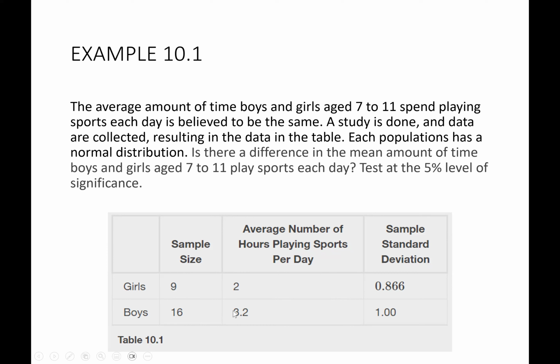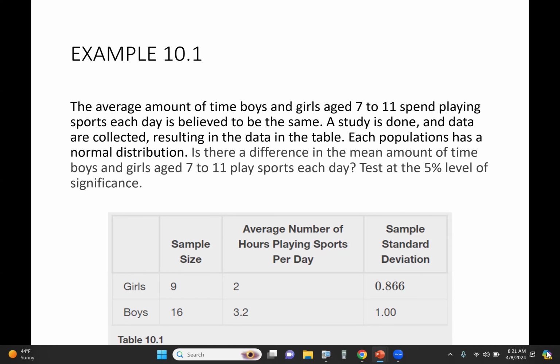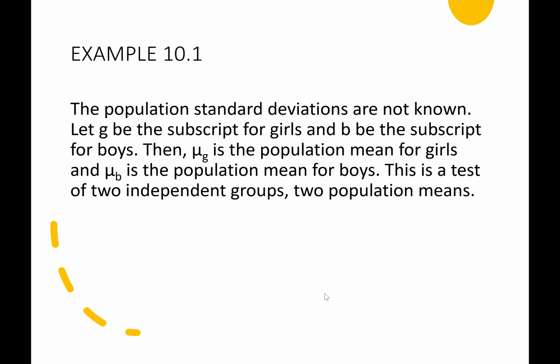They're playing sport 3.2 hours per day with a standard deviation of 1. Is there a difference in these two samples? So we're not looking as one higher than the other, one lower than the other. Are they different? Okay, so what would our hypothesis test be?